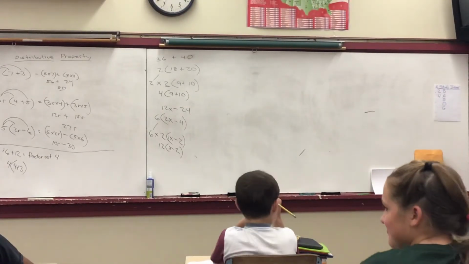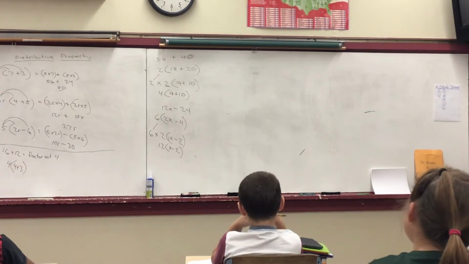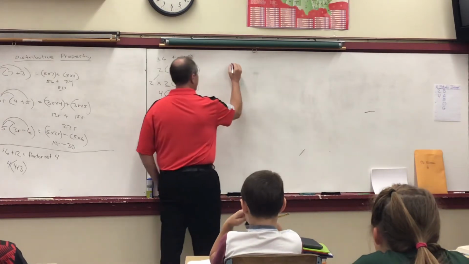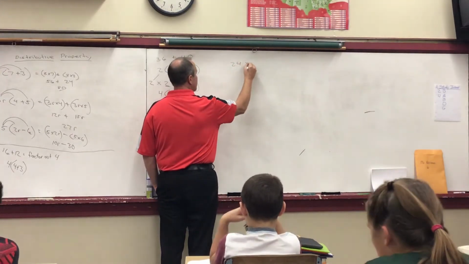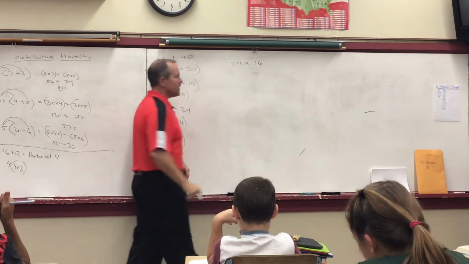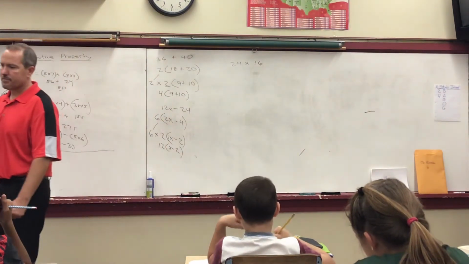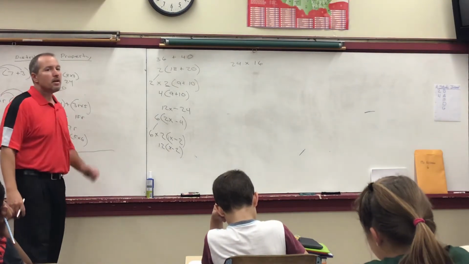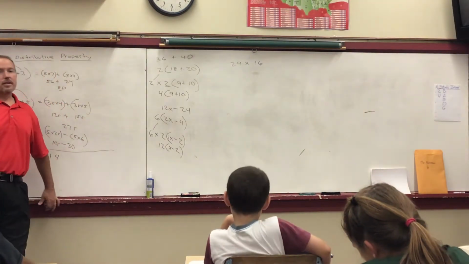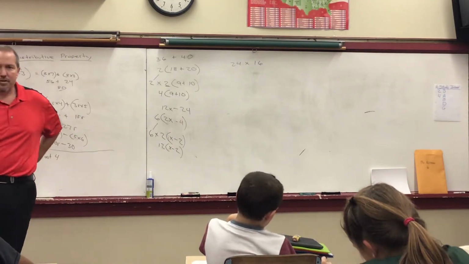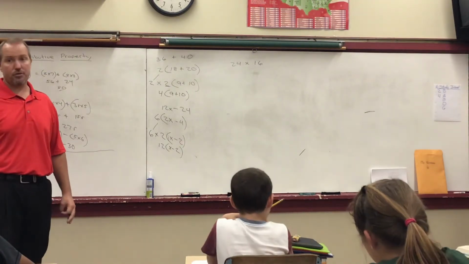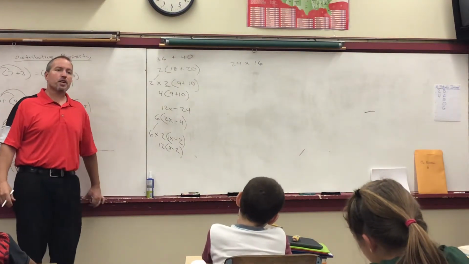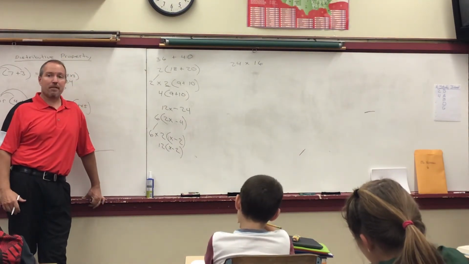Now, the distributive property can be used for a third reason. It can be used when we are multiplying 2-digit numbers. Let's say we have 24 times 16. Now, whenever we want to multiply two-digit numbers, the first thing we're going to do is break one of the numbers into expanded form.